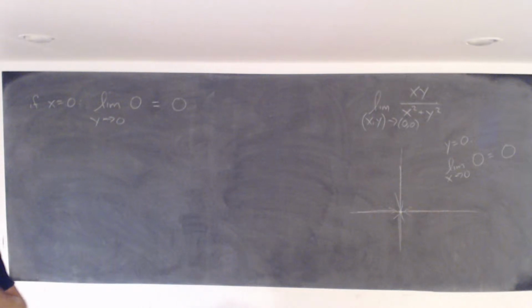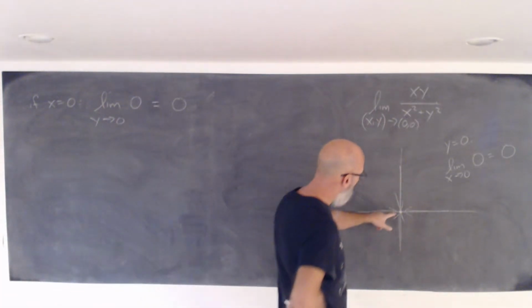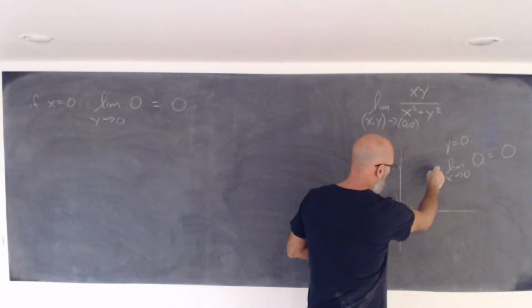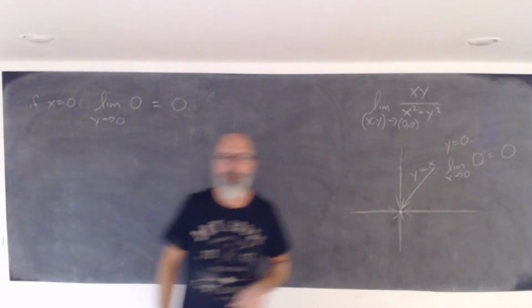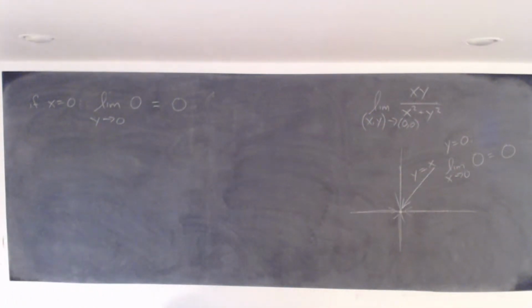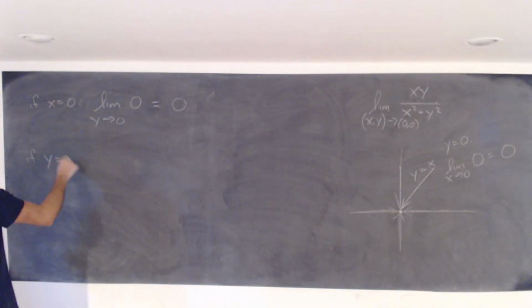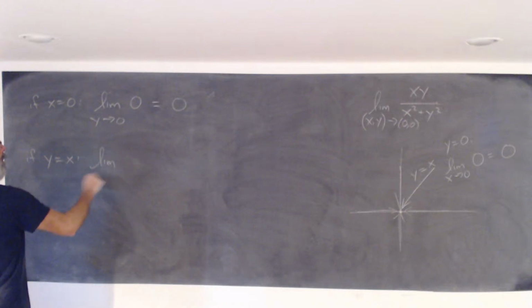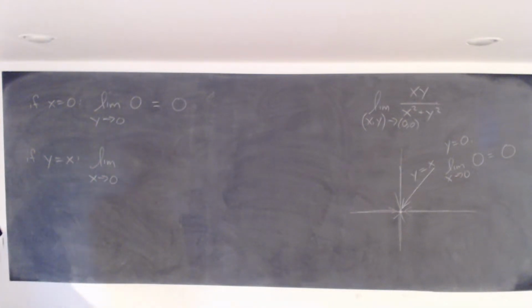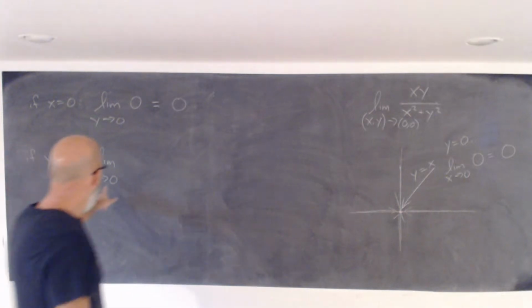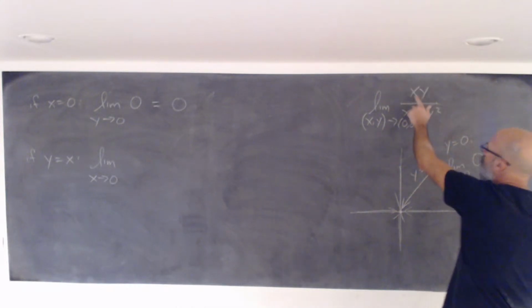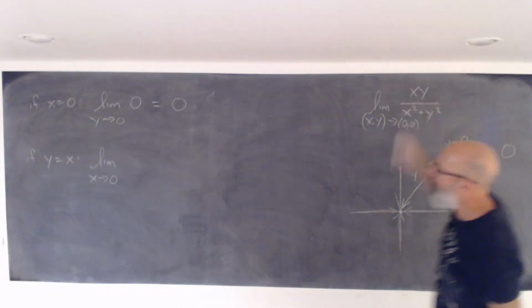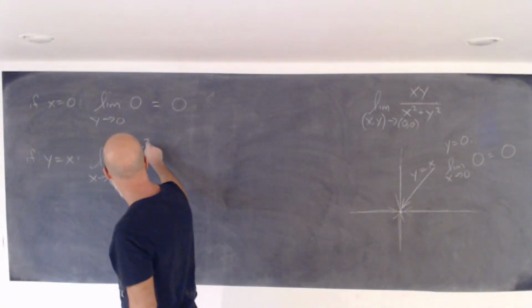Let's try a different path. Let's try going towards 0 from the line y equals x. Let's see what happens. If y is x, what is this function? If you replace y with x, you get x squared on top.